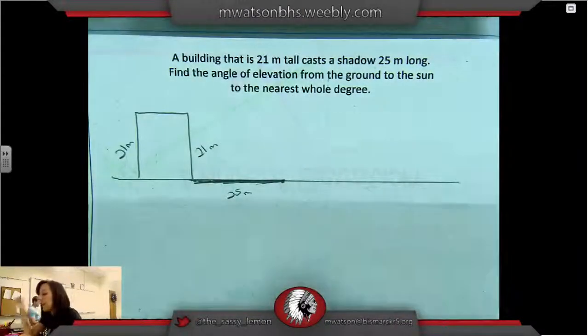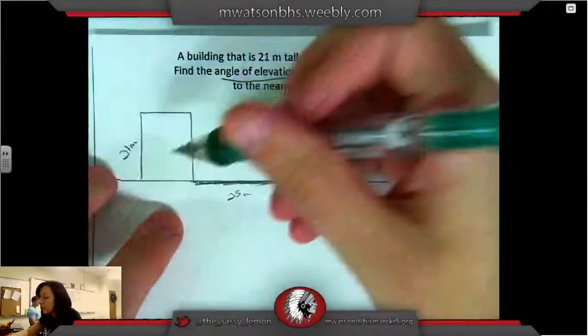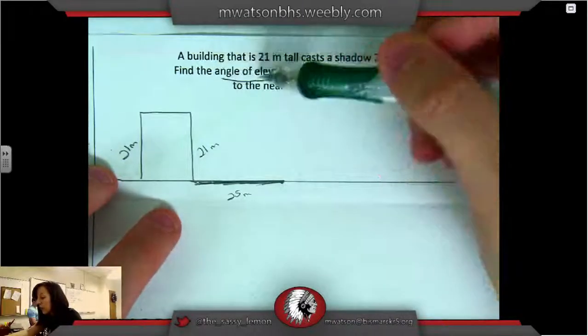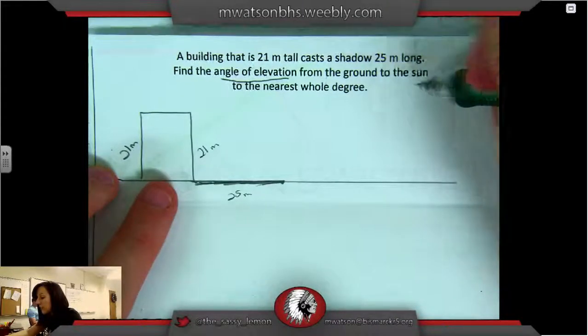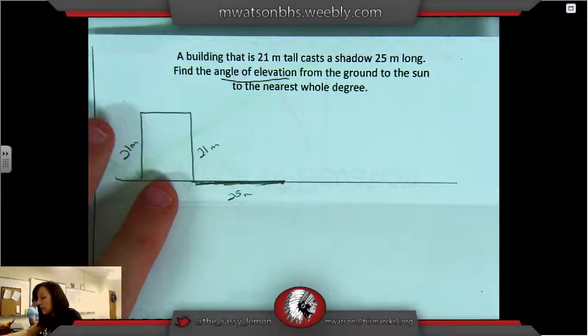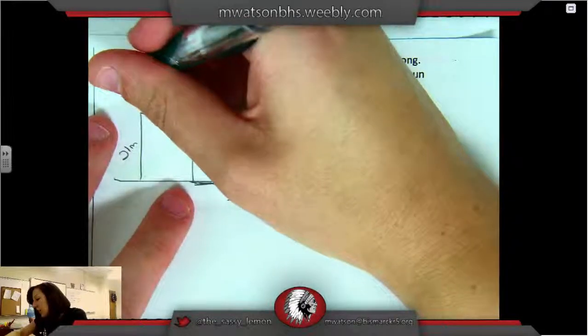So let's find the angle of elevation. Remember, that's from a horizontal line up to an object above. So find the angle of elevation from the ground to the sun to the nearest whole degree. So we're going to draw our sun over here.